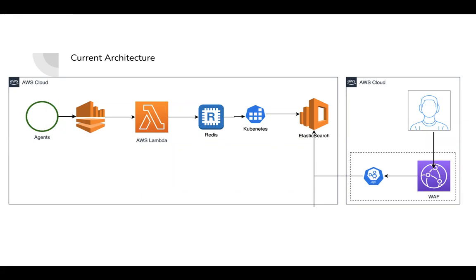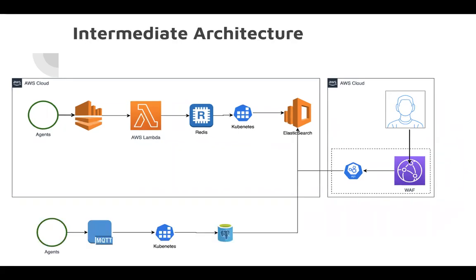So now what we are doing is phase 2, where we'll have the intermediate architecture, with agents communicating over MQTT to an MQTT server. That then talks to a backend Kubernetes cluster, which is now talking to Postgres.